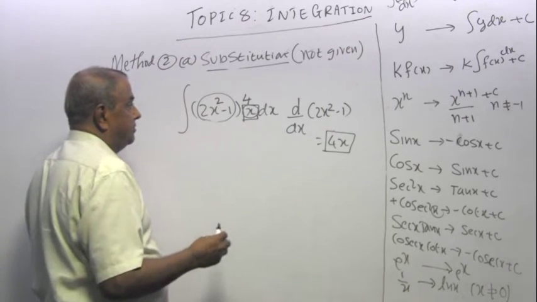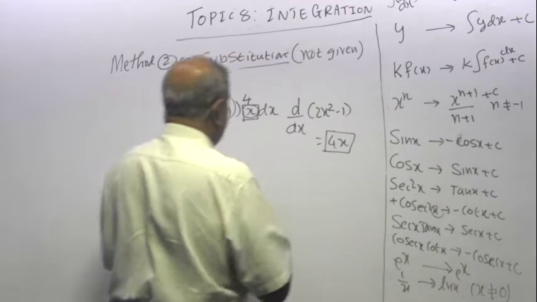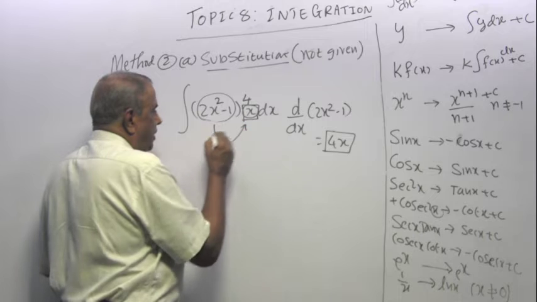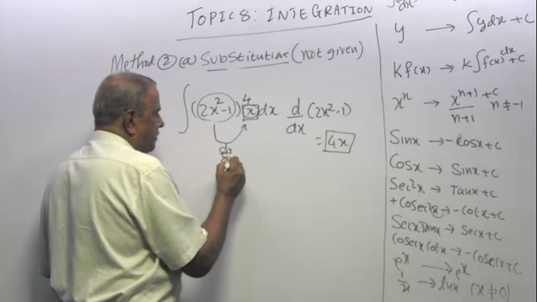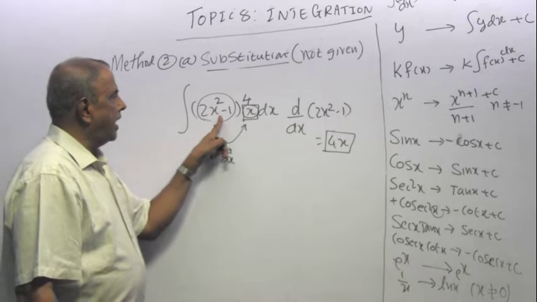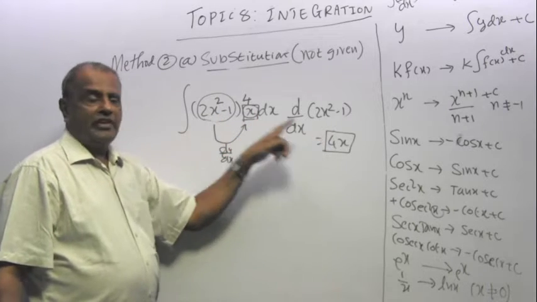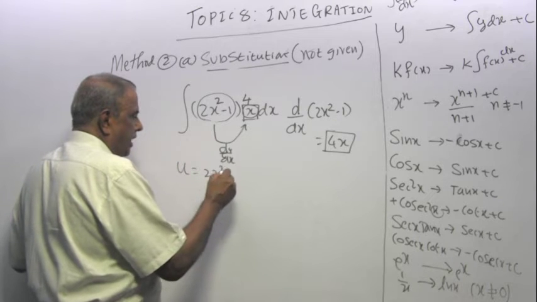Then the derivative is 4x. What do I have here? X. That means I have a dy by dx. If I were to call this y, I would have dy by dx. The difference is only a constant. Suppose I call u equal to 2x squared minus 1.